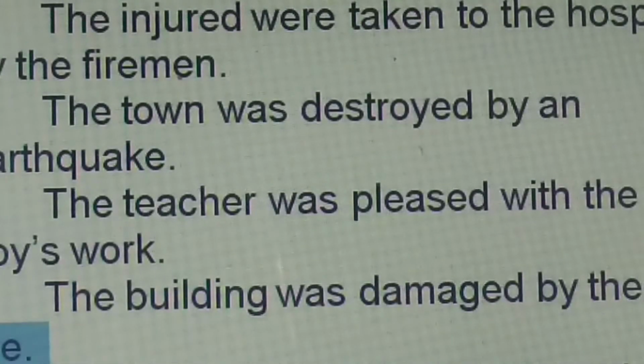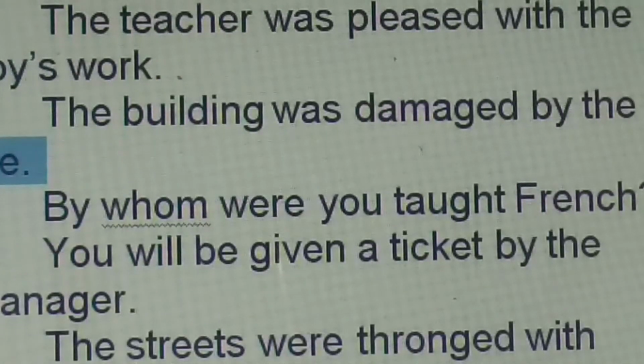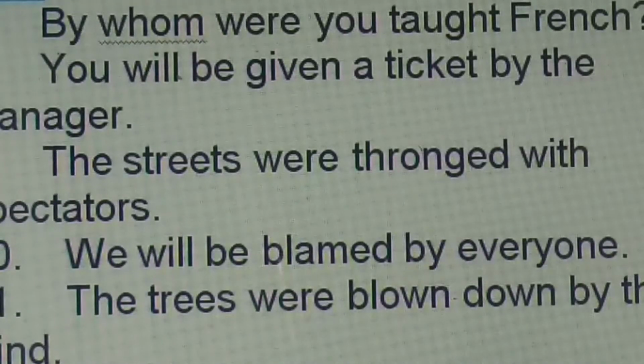The teacher was pleased with the boy's work. The building was damaged by the fire. By whom were you taught French? You will be given a ticket by the manager. Then we have the 9th question. Please note down. Are you noting down? Okay. Then move on to the 10th one. Next we have 11. The trees were blown down by the wind.